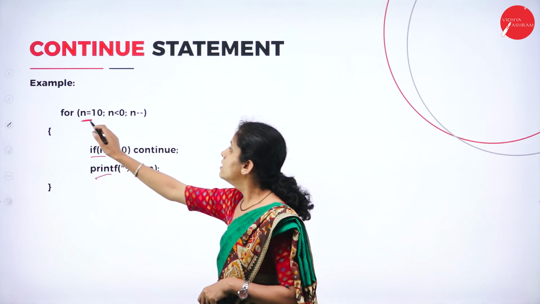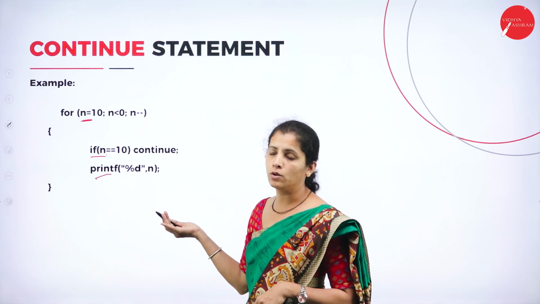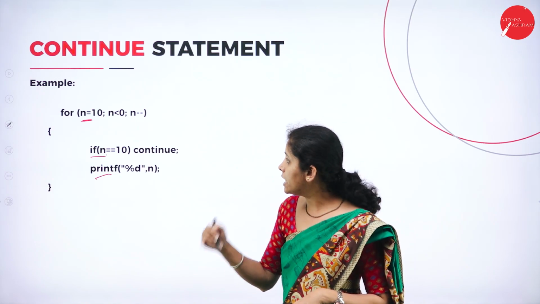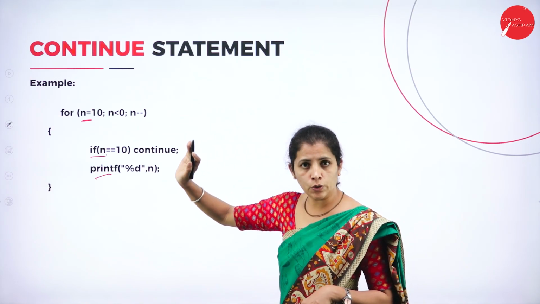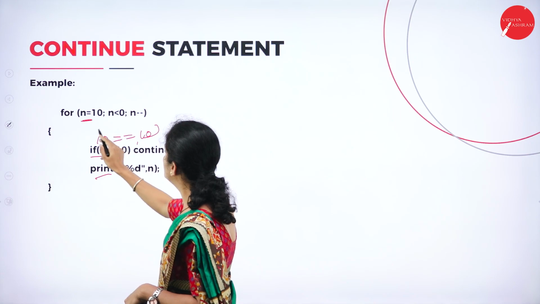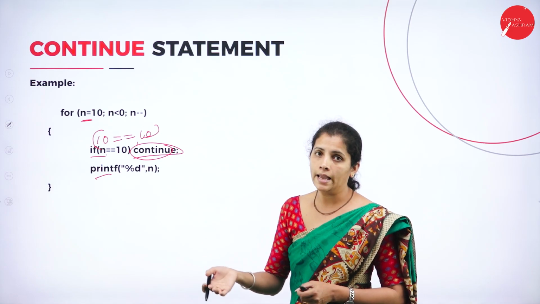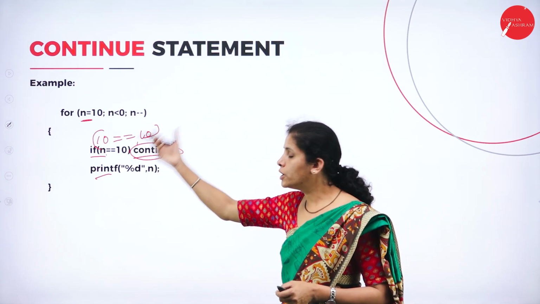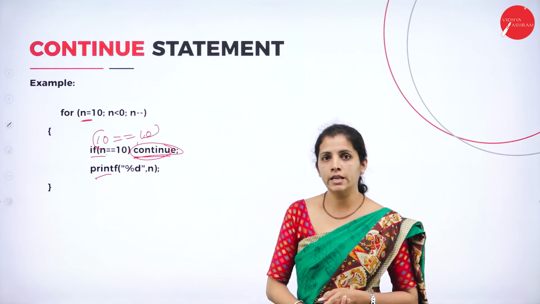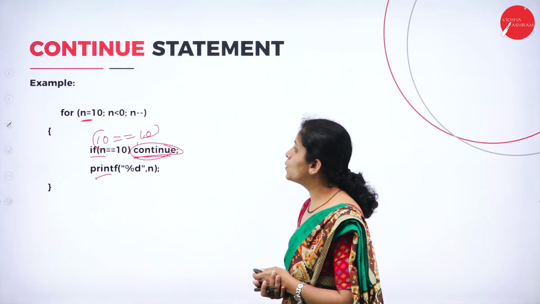So I'm going to print 0, 1, 2, 3, 4, like that. And when I reach n equal to 10, that is 10 equal to 10, it is true. At that time, what do I want to do? I want to skip that particular iteration. For that reason, I'm going to use the continue statement. So this is the way I can use the continue statement in my program.